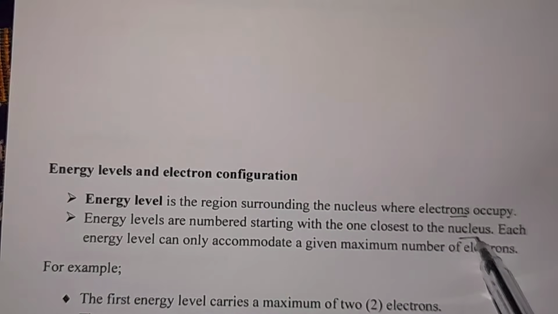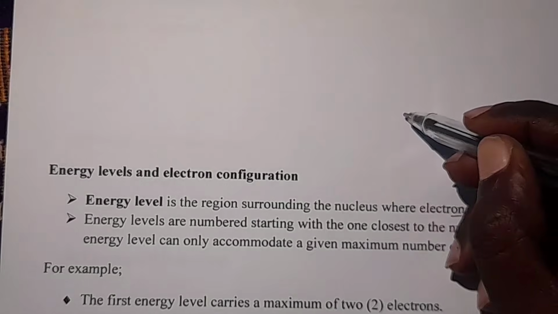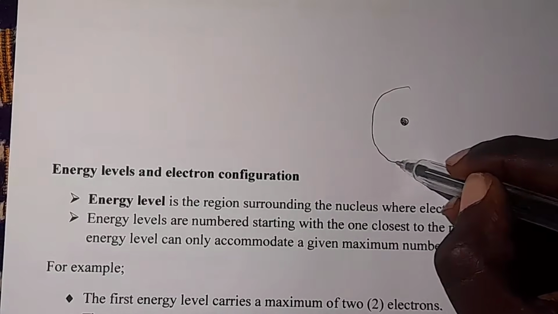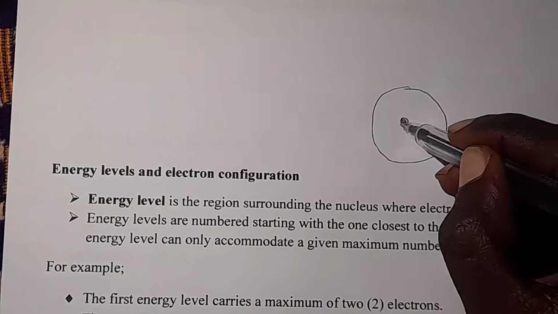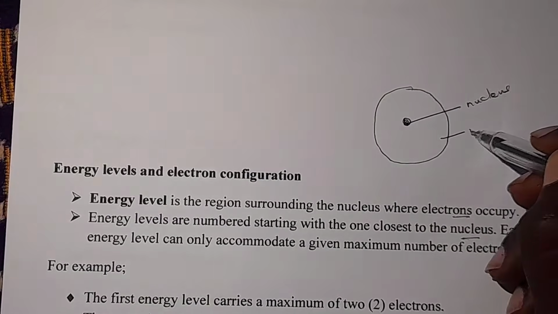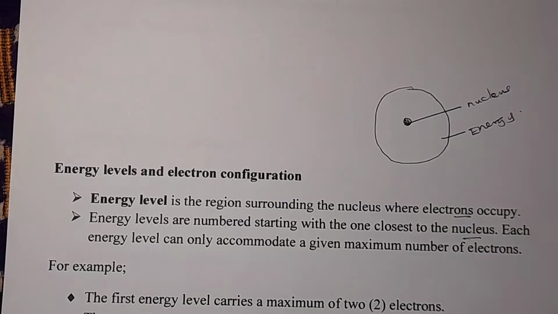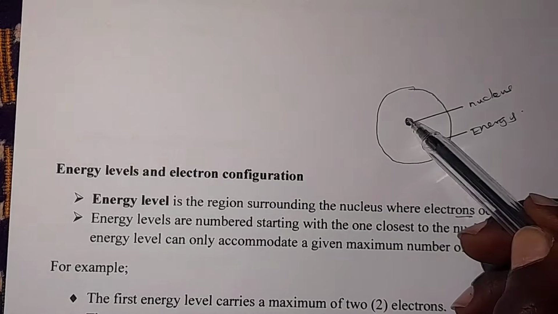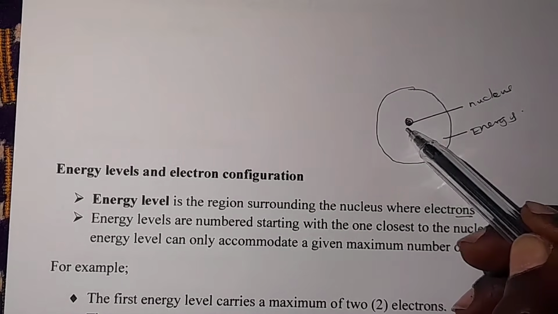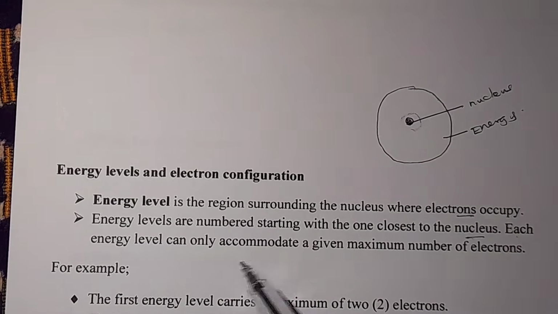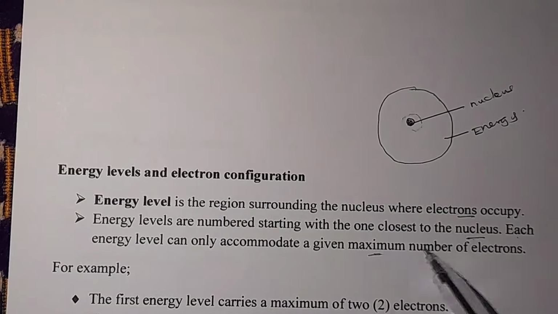If you remember, the structure of the atom had a small central region, known as the nucleus, and the outer energy levels. We start with the energy level closest to the nucleus. Each energy level can accommodate a given maximum number of electrons.